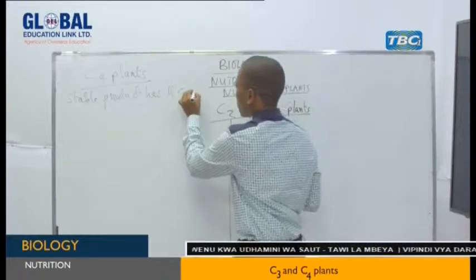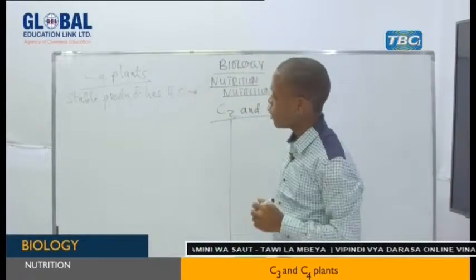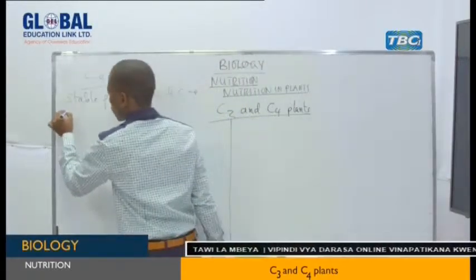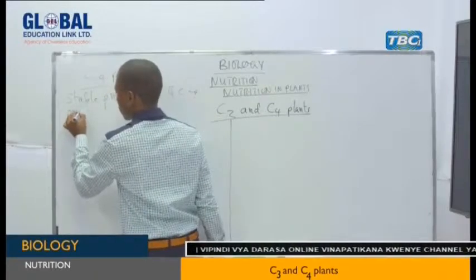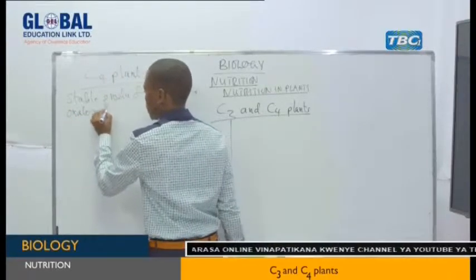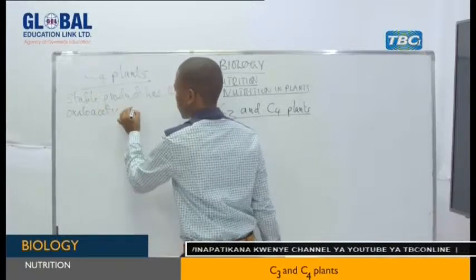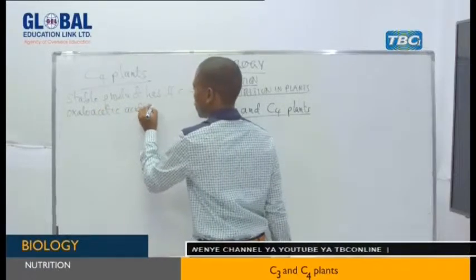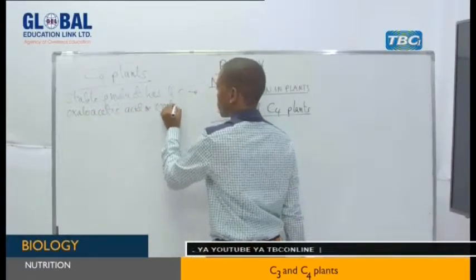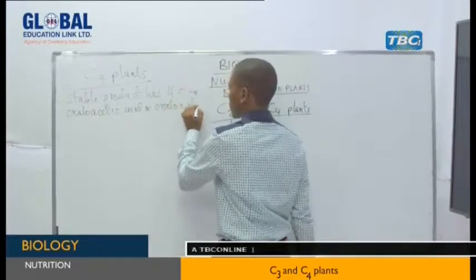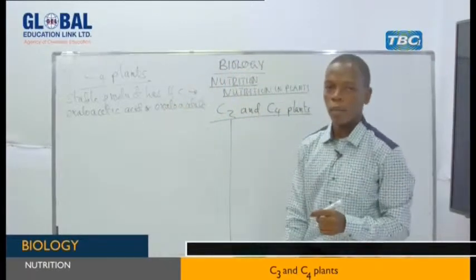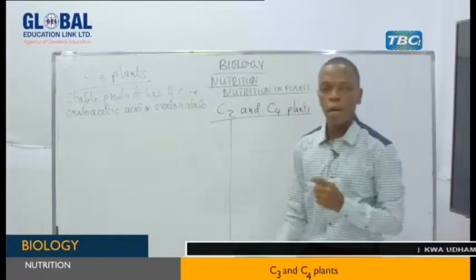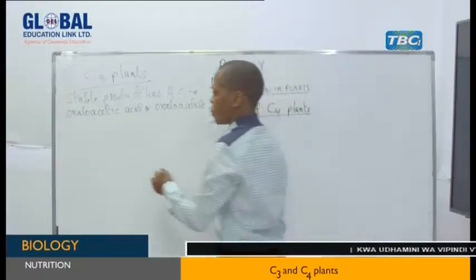This 4-carbon compound which is formed in a C4 plant is known as oxaloacetic acid, or we call it oxaloacetate. Okay, this is a 4-carbon compound.